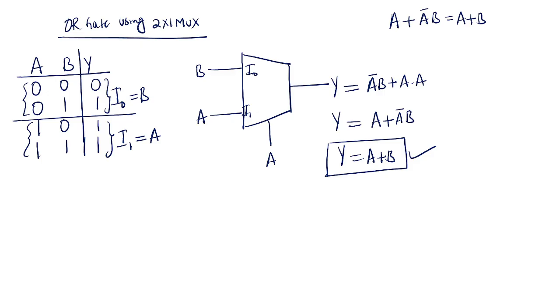Next, you try this NAND gate and NOR gate. Tell me the inputs. First, you write the truth table.